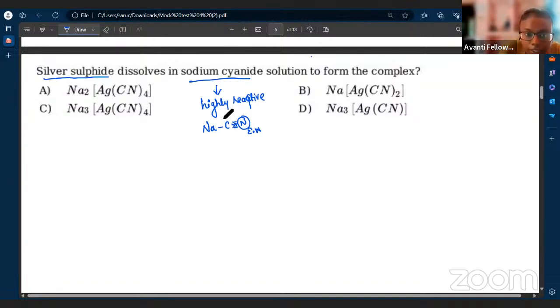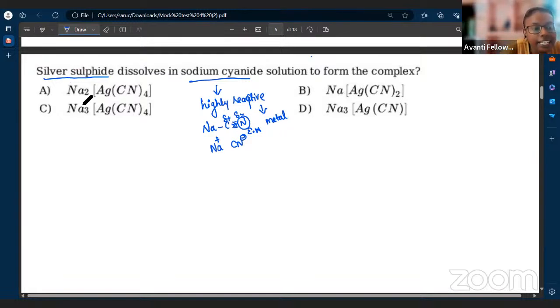So the carbon will have a partial positive charge, and the nitrogen a partial negative charge. This compound is ionic in nature, so it can split into Na+ and CN-. So sodium cyanide is highly reactive towards metal, and it will dissolve the metal into its corresponding cyanide form.